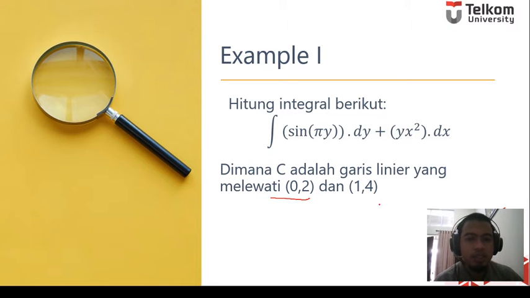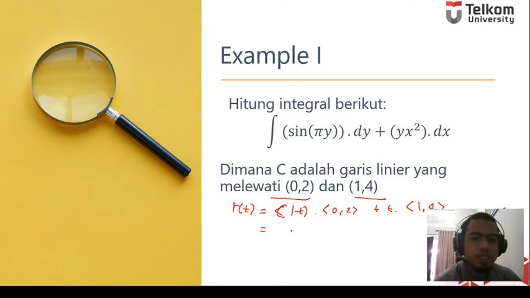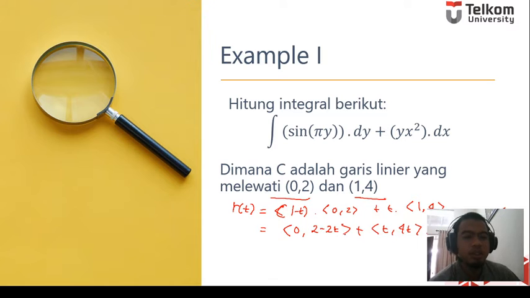Since this is a line, please remember that r(t) equals (1 minus t) times (0,2) plus t times (1,4). So this gives (0,2) minus t(0,2) plus t(1,4), which is (t, 2 minus 2t plus 4t), so x equals t and y equals 2 plus 2t.